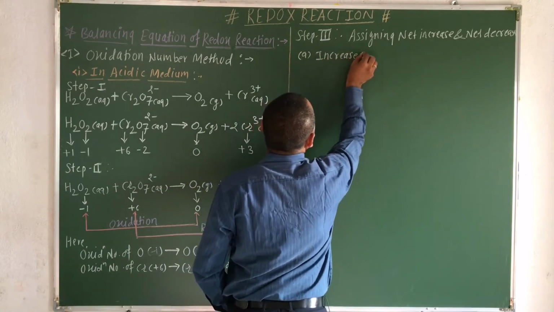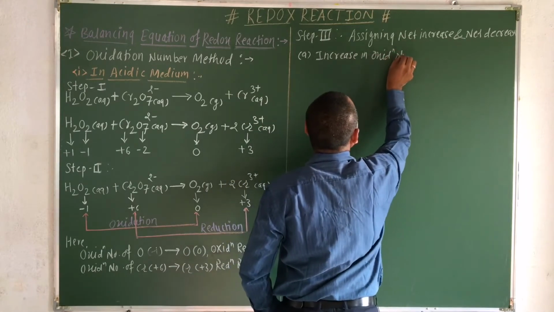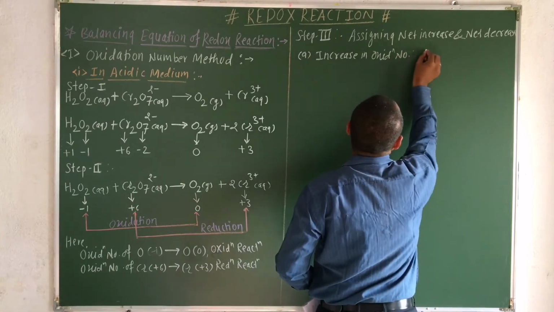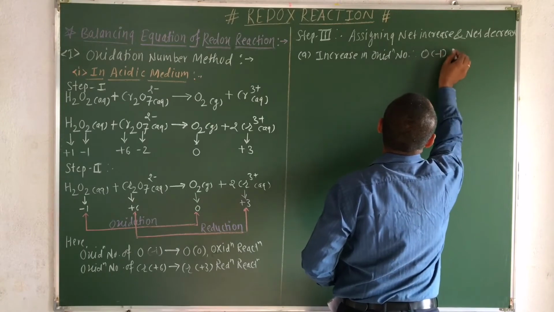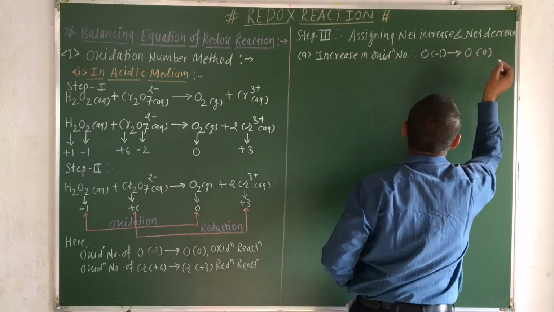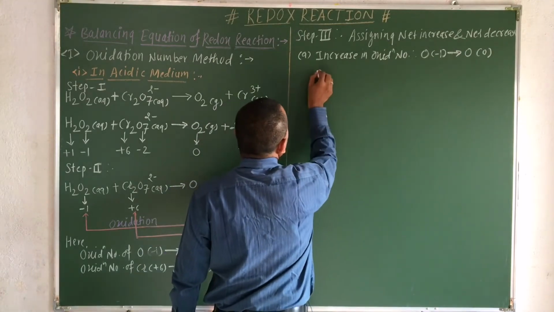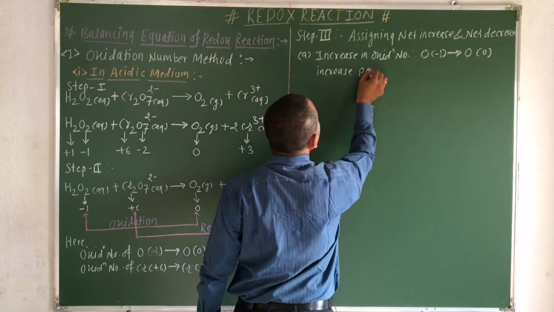Now, how much does the oxidation number increase? We know that the oxygen atom goes from -1 to 0. Okay, so increase per atom, we have to write down increase per atom.